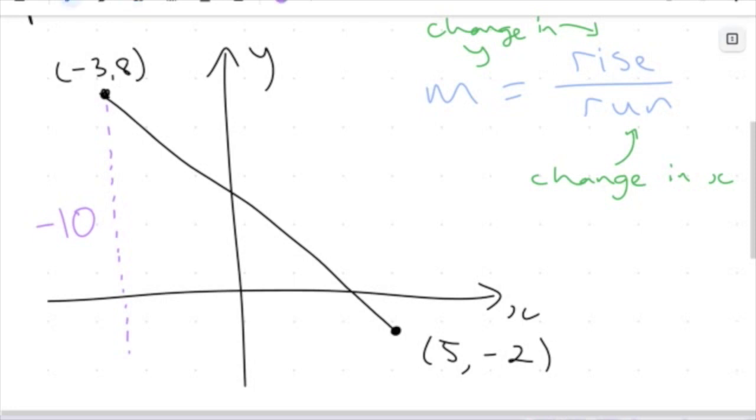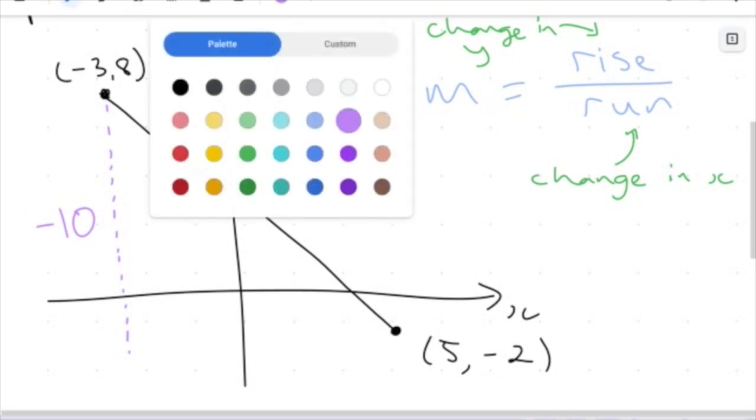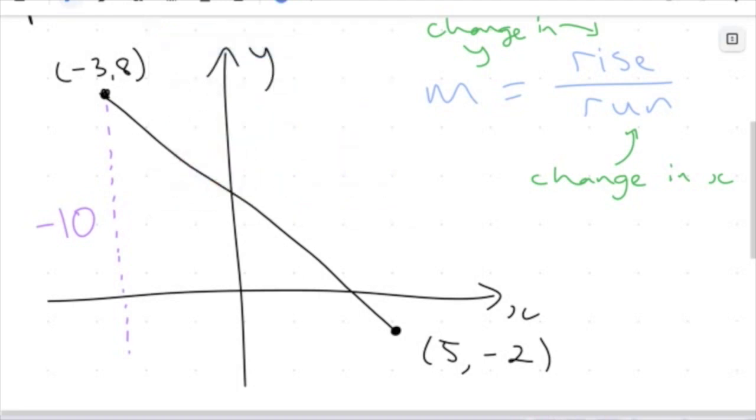And now I want to find my run. So how far along have I gone in the x values? I start at -3 and I make my way over to +5. So here I'm going in the positive x direction.